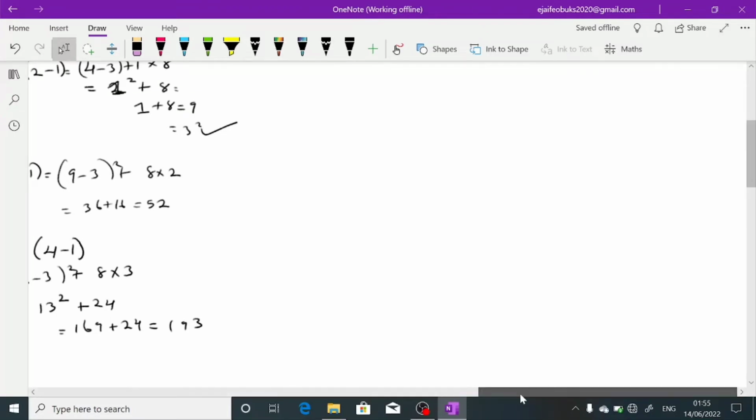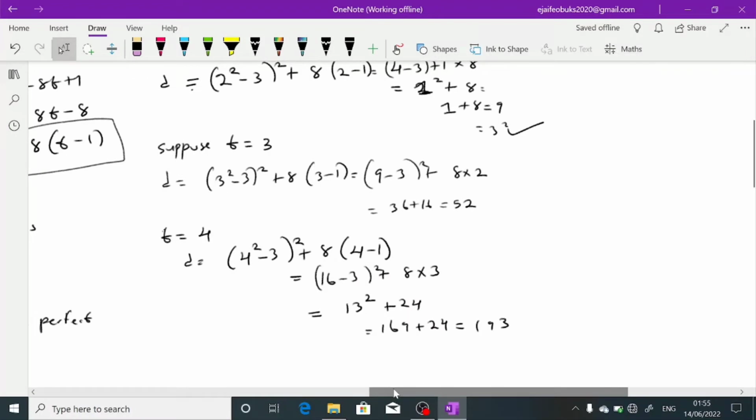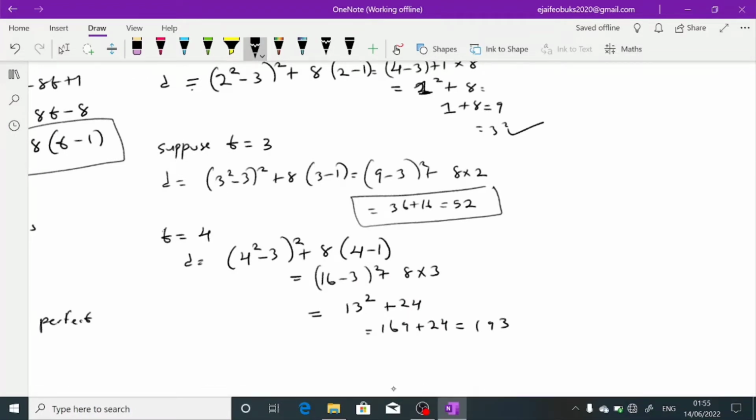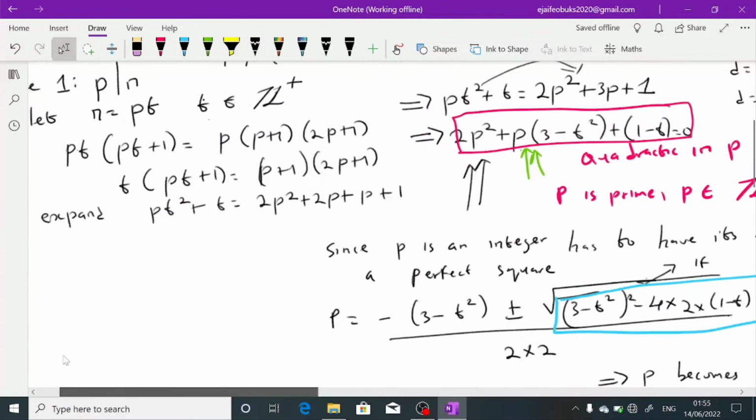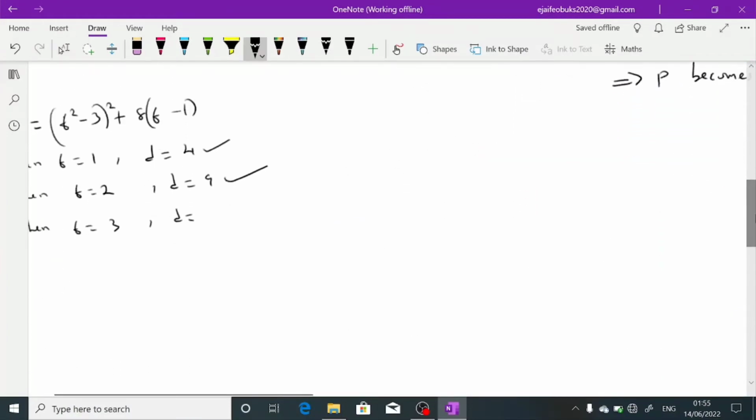When t equals 3, we had d as 52, which is not a perfect square. And now when t equals 4, d was 193.